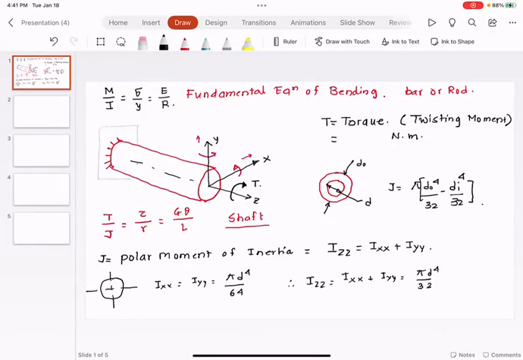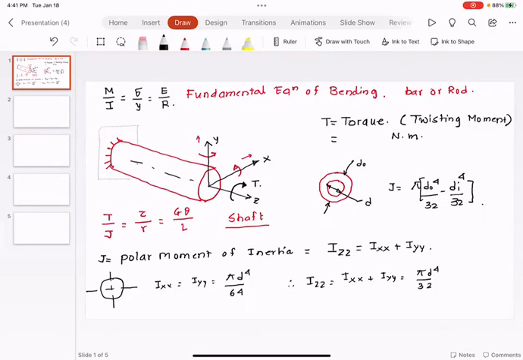Many times, in power transmission systems, instead of a solid circular shaft, they use a hollow shaft. The reason for hollow shafts is basically the advantage in weight. For the same power transmission capacity, hollow shafts are lighter.